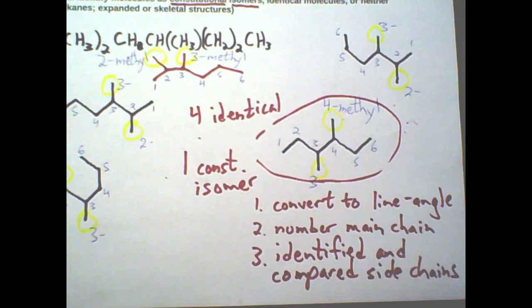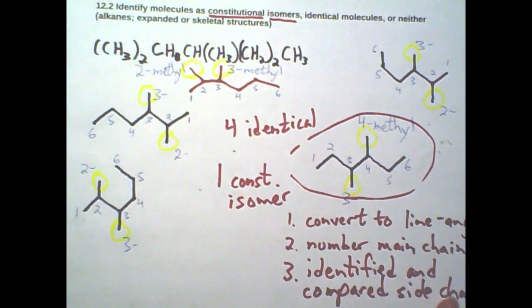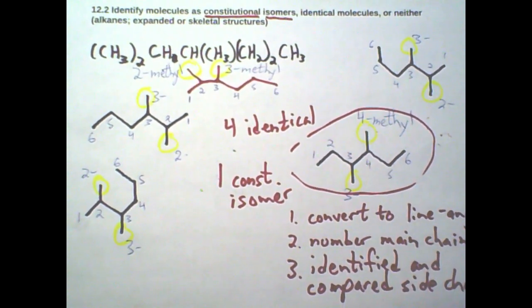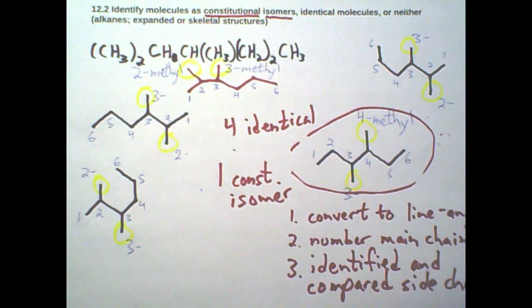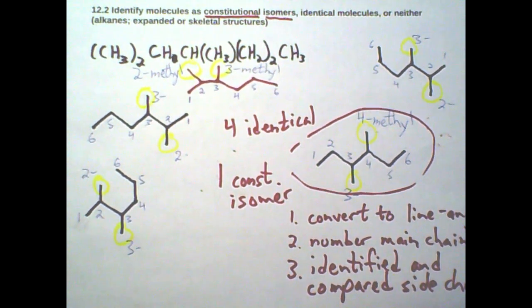And you can do all that without knowing all of the perfect naming rules. You just have to number things in a consistent way. And the way I chose is the standard way, where you start where the most branches are to give the lowest possible numbers. But if you messed that up, it wouldn't really matter for telling if things are identical or isomers. You just have to be consistent in how you do it on that problem.